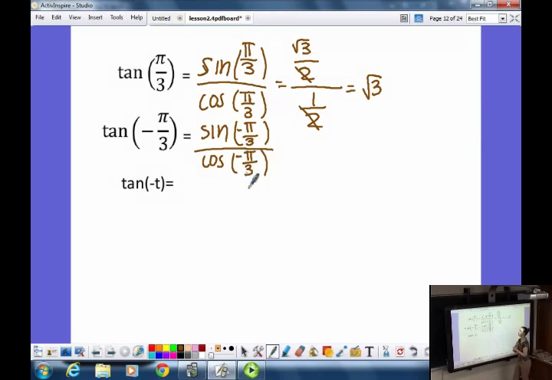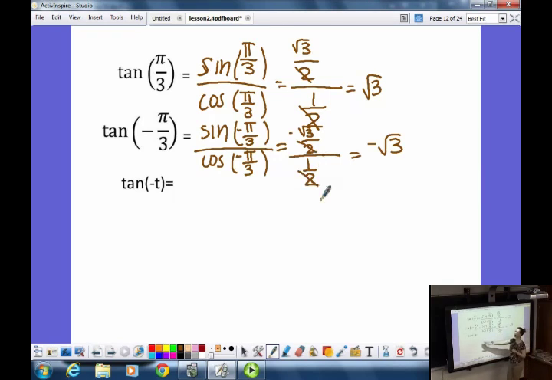What was sine of negative pi over 3? Negative square root 3 over 2. And what was cosine of negative pi over 3? 1/2. Right. So if we simplify this fraction, what do we get as our output? Yeah, negative square root 3, because once again these denominators will divide out.